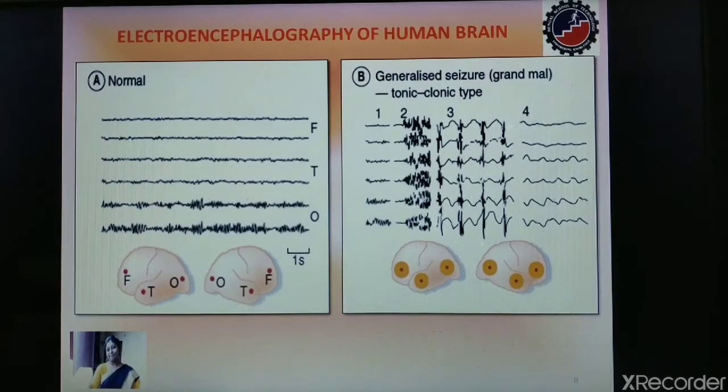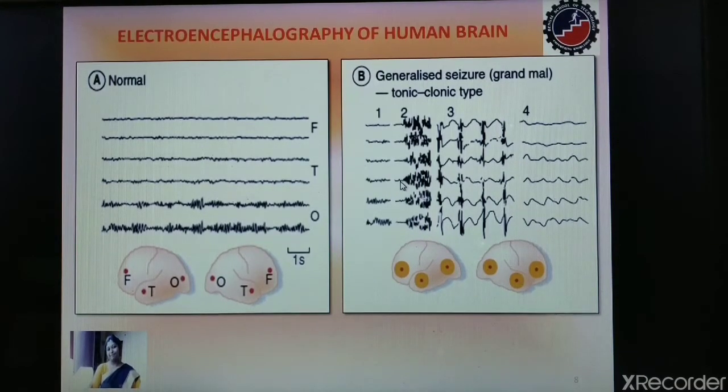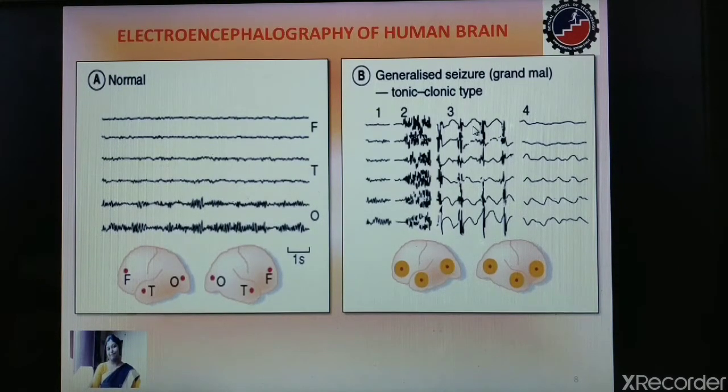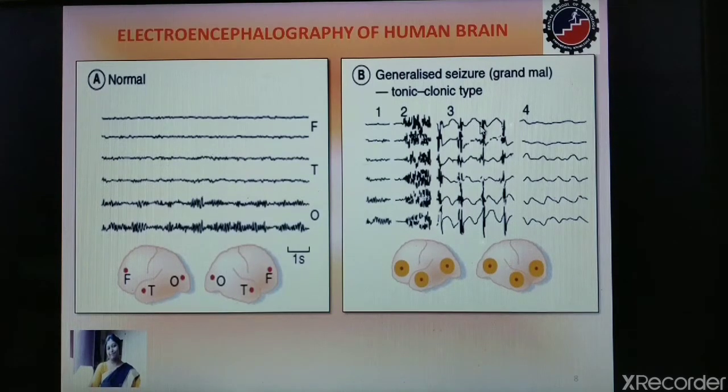So, figure A represents the electroencephalogram of a normal brain, whereas in figure B, we can see the first number 1 represents the normal record, the second represents the onset of the tonic phase, the third marks the clonic phase, and the last, the fourth, represents the post-convulsive coma.